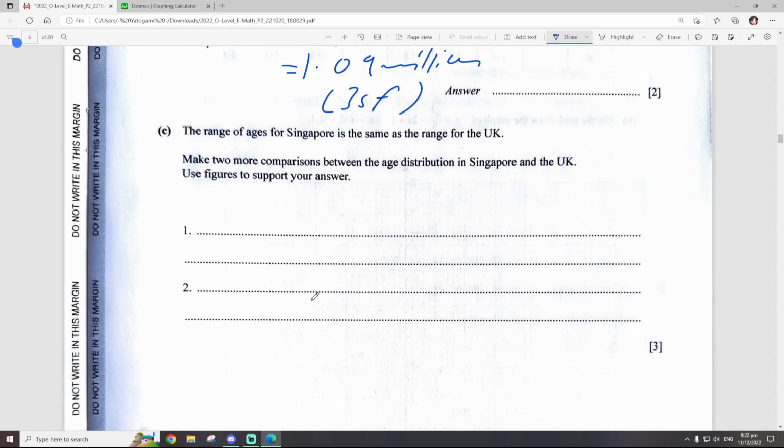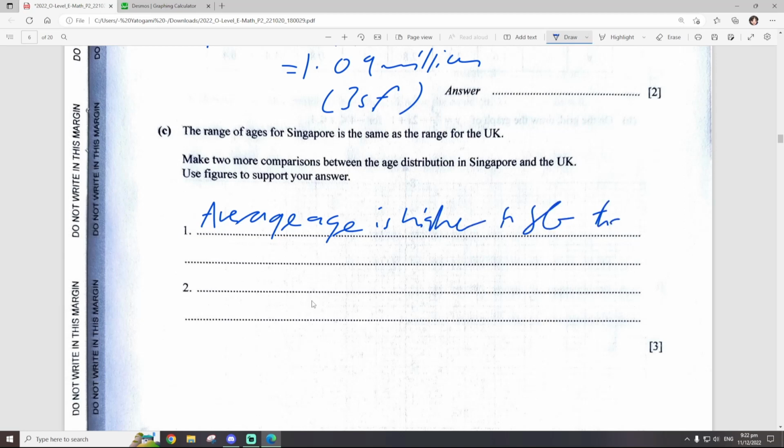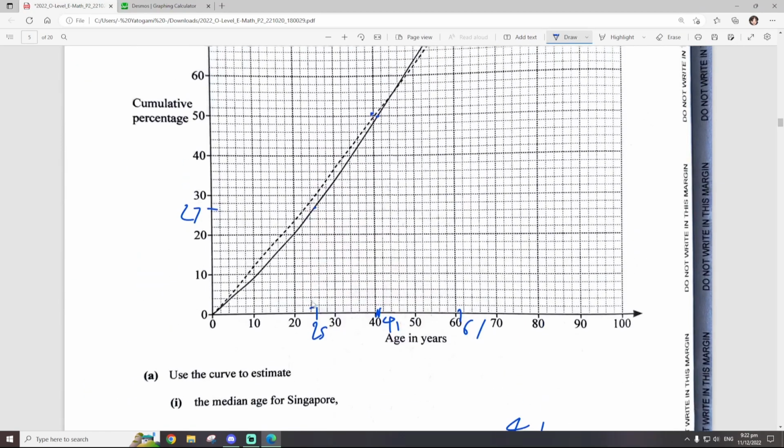So let's write that down. I should say average age actually. Average age is higher in SG than UK. We are comparing the median here, 41 versus 40. What is the second comparison we can make?